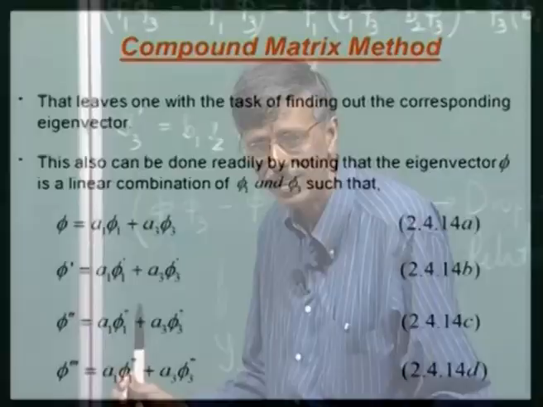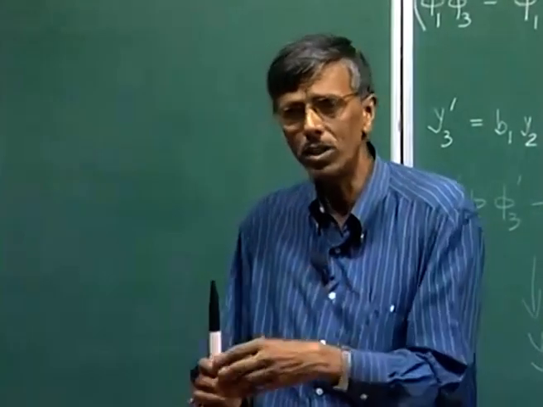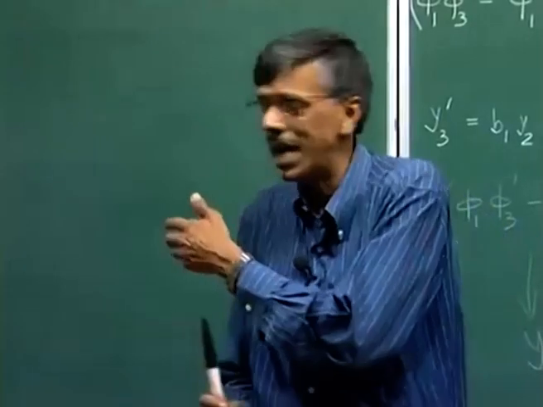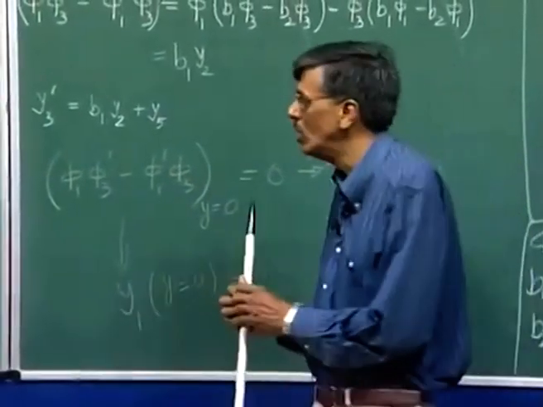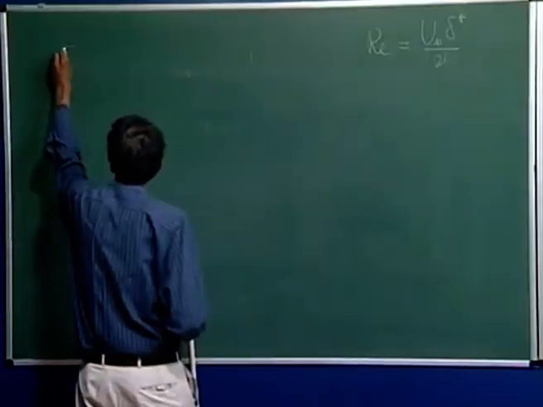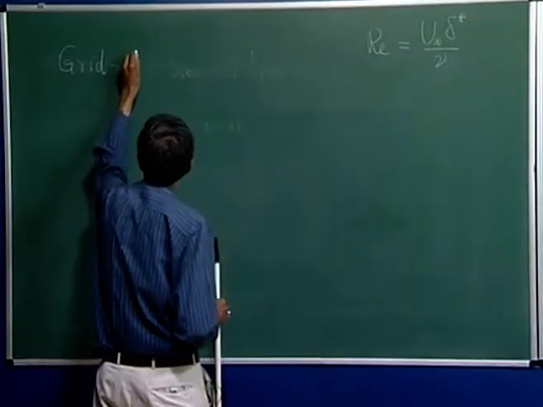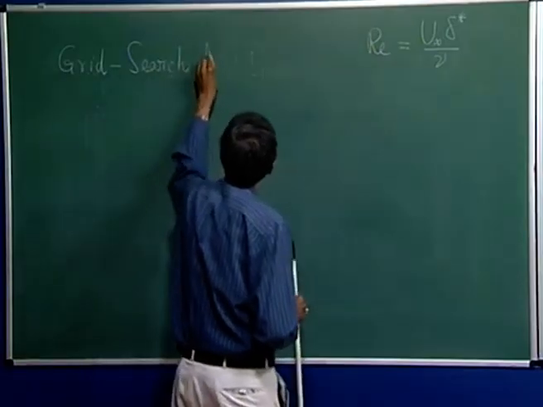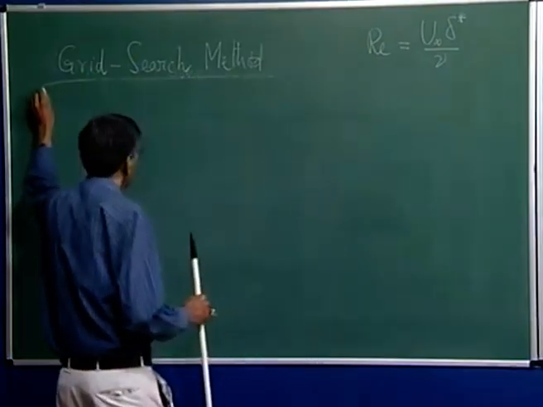There could be many, right. There could be, for a given R e and omega, many combination values of alpha real and alpha imaginary that satisfy this dispersion relation, y 1 at the wall equal to 0. So, what we are talking about is finding all possible values of complex alpha that will enable us to obtain all the eigenvalues in one go.